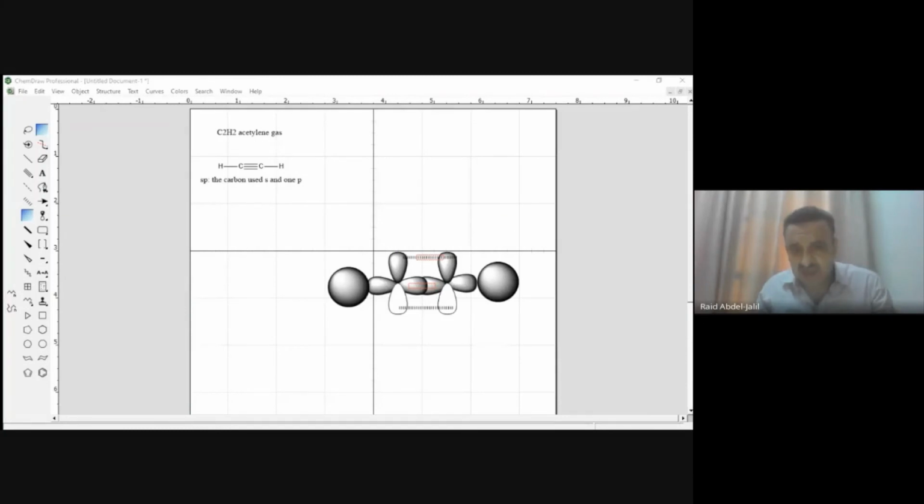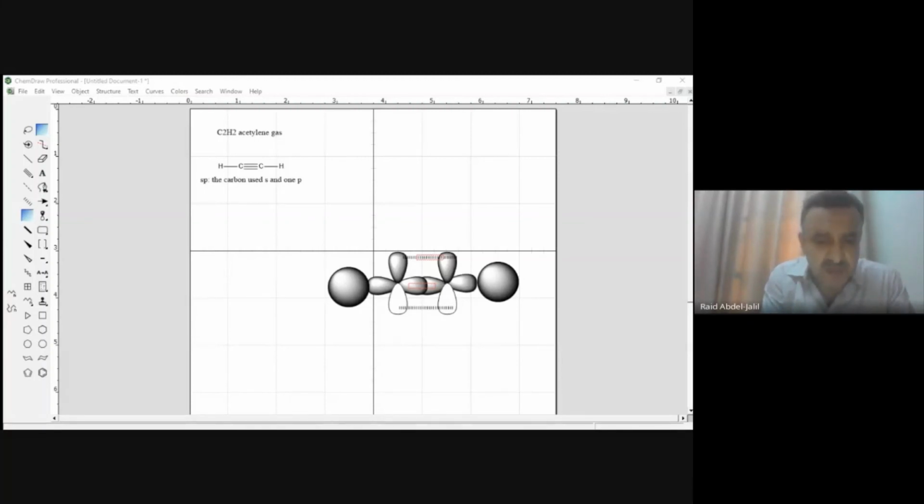Can you see it, guys? Can you imagine what I'm saying? So, as you can see here, this is the sigma bond between the two carbons, which will be formed by the overlap of the sp hybridized orbital from this carbon and the sp hybridized orbital from the other carbon. So let's just summarize the type of the bonds here. The second is not clear because, as I said, I didn't draw it.